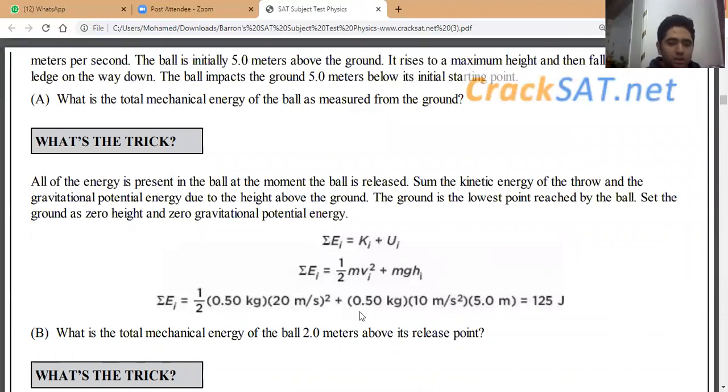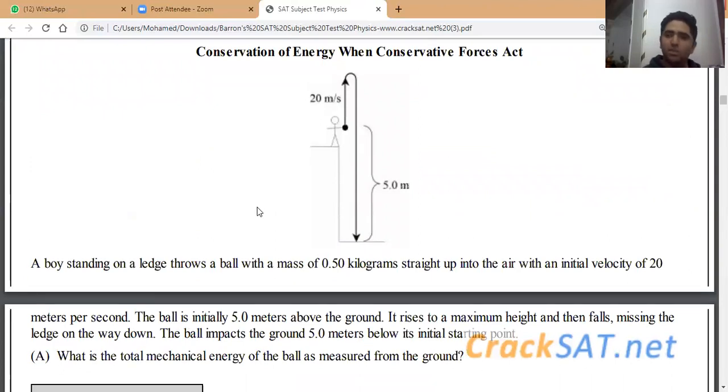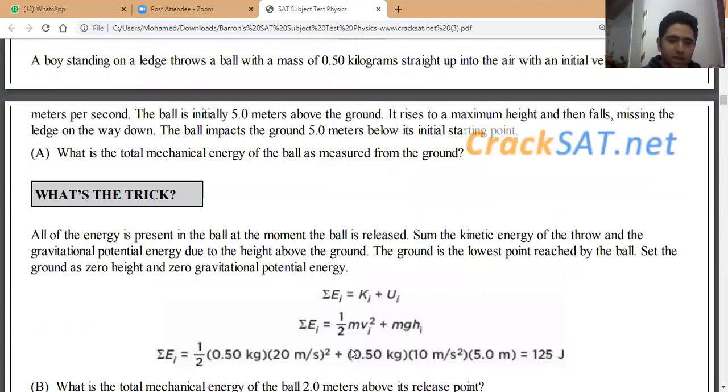And so you will also notice that the ball is at a height of 5 meters. So you will add to that kinetic energy, potential energy, which is 0.5 times 10 times 5, mgh. You're going to get 125 joules, and 125 joules is called total mechanical energy. It will be constant every single point.